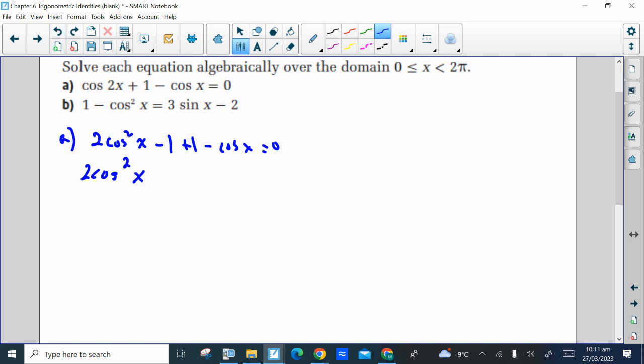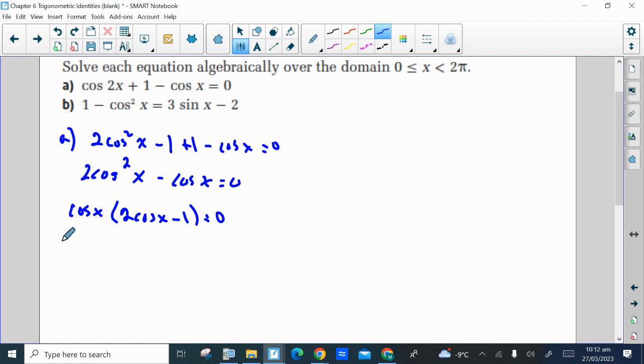The minus 1 plus 1 cancels. So we have 2 cos squared x minus cosine x equals 0, which we can solve by taking out a common factor of cosine x. This gives us cosine x times 2 cos x minus 1 equals 0.